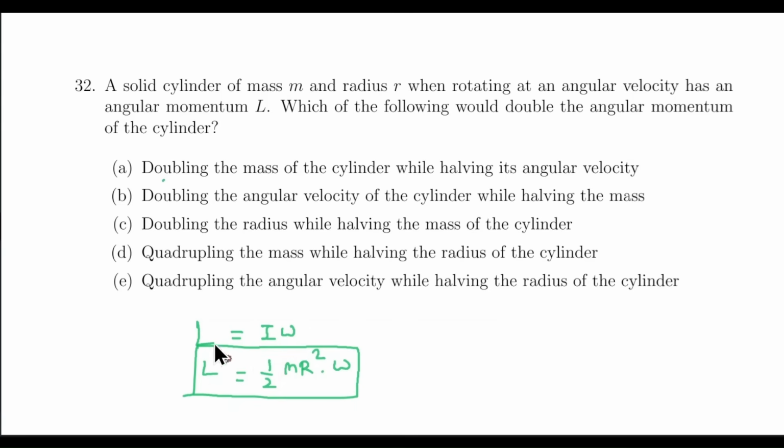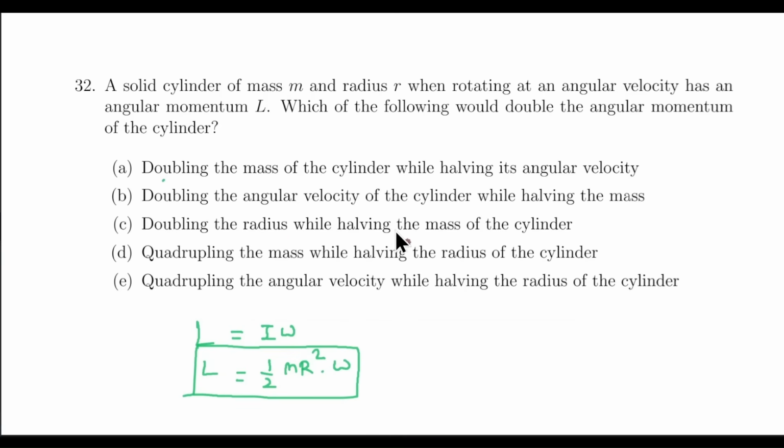So L will not change. Doubling the angular velocity while halving the mass, once again no, because if you double the angular velocity and half the mass, again the same situation is going to happen, that it is going to nullify.